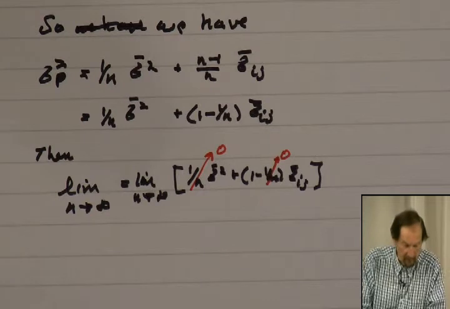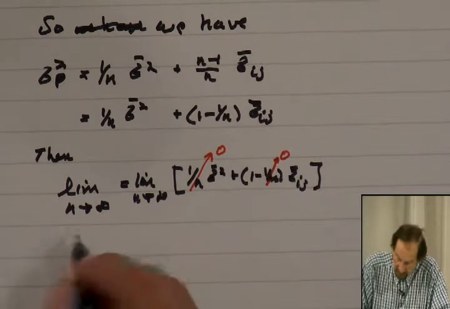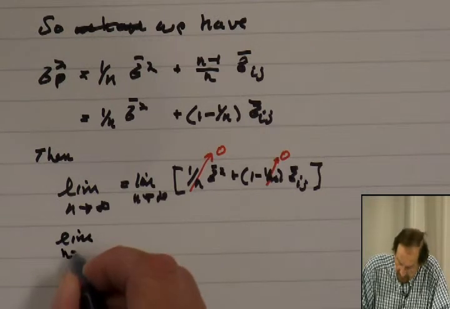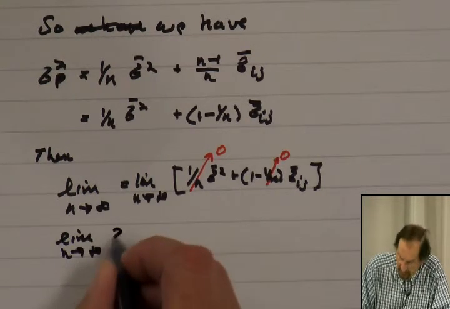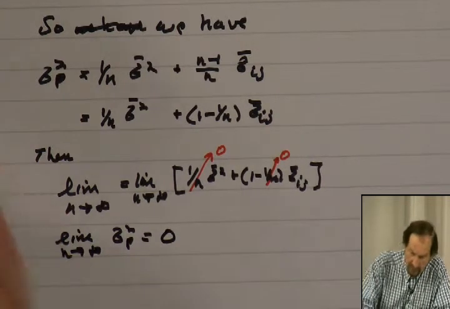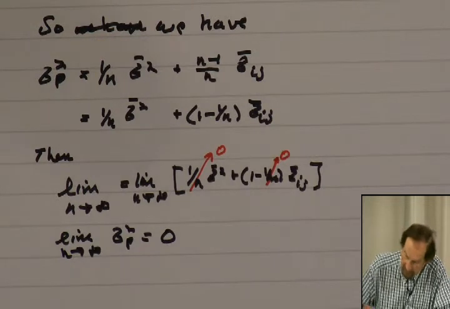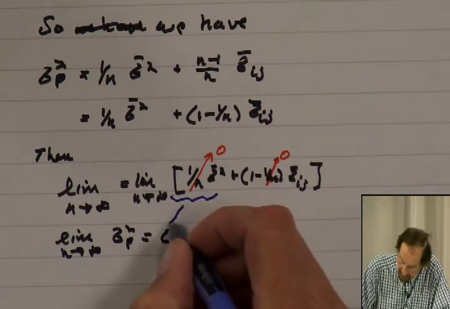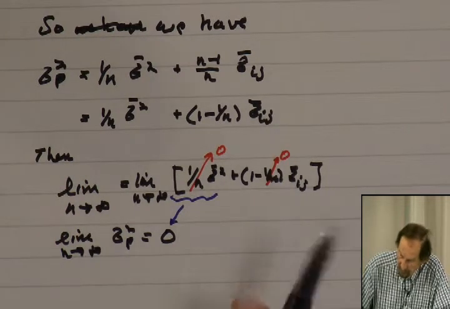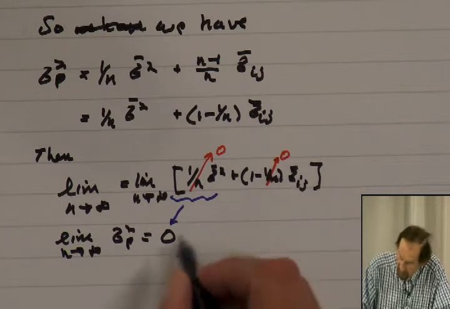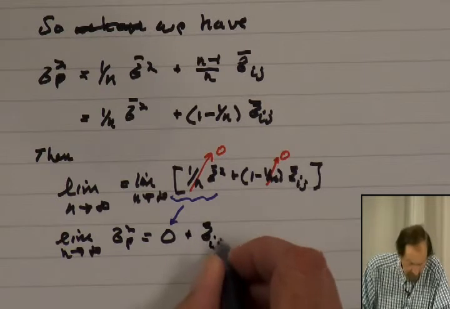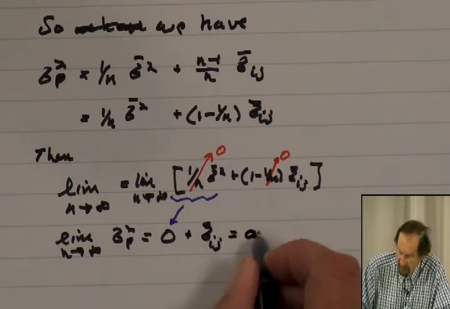So what are we left with? The limit as n goes to infinity of sigma squared p equals what? Equals 0, our variance term is 0, plus sigma bar ij, the average covariance.